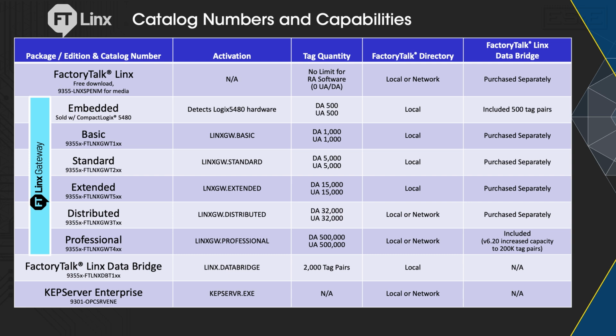What Data Bridge does, it allows you to take data coming in. You set up a data bridge on information coming in to FactoryTalk Link Gateway, and then you could send that data to another controller. Okay, instead of sending it up, you go controller to controller. That controller does not have to be a Rockwell controller. I can come in a Rockwell controller and I can go out OPC UA to a Siemens. Okay, so I can share information through the Link Gateway if you wanted to do that.